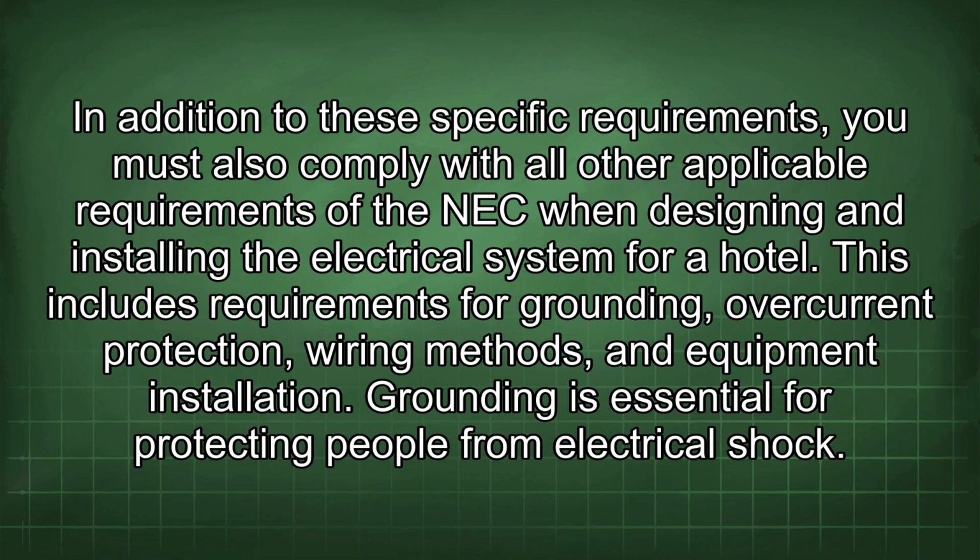In addition to these specific requirements, you must also comply with all other applicable requirements of the NEC when designing and installing the electrical system for a hotel. This includes requirements for grounding, overcurrent protection, wiring methods, and equipment installation. Grounding is essential for protecting people from electrical shock.